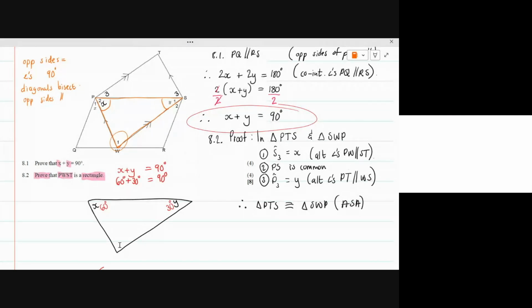What does it tell me about this angle over here? How much should this angle be equal to? It must equal 90 degrees. Of course. Lovely. So technically, I don't have to know what x and y are individually. As long as I know that x and y together equal 90 degrees, that automatically makes this angle 90 degrees.